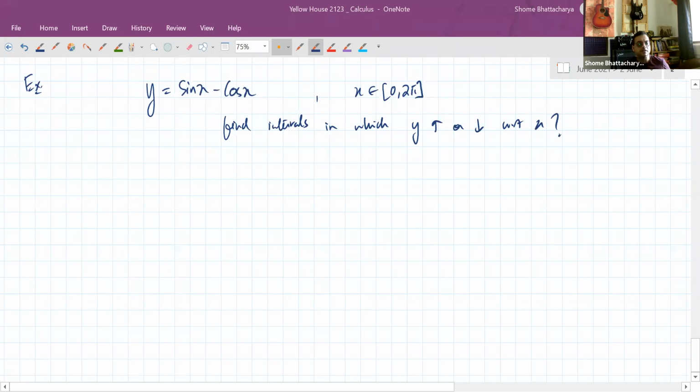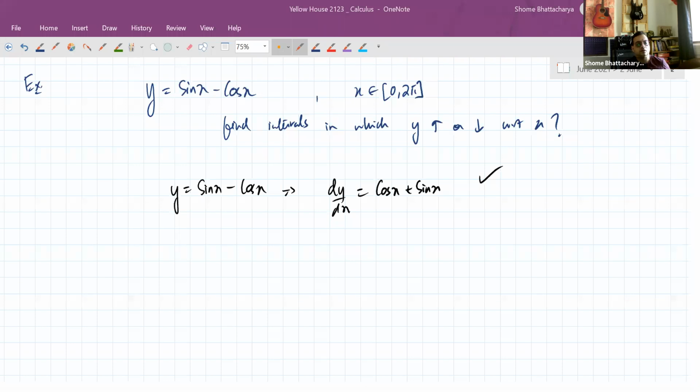So as usual, we start by understanding the derivative of the function. So this is clear so far, I hope. Differentiation is equal to differentiation of sin, which is cos, minus differentiation of cos, which is minus of minus sin.